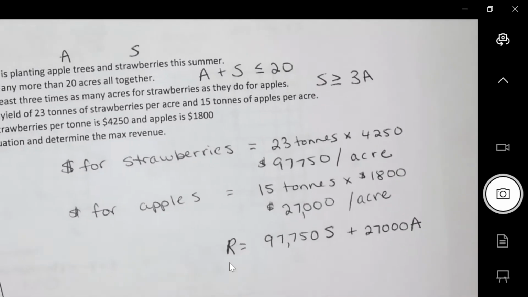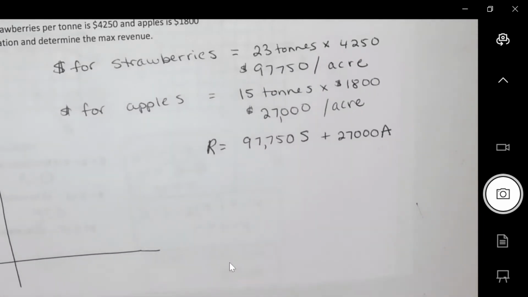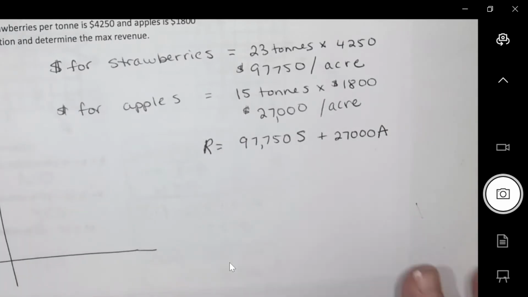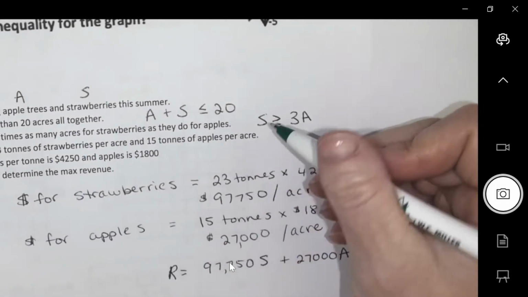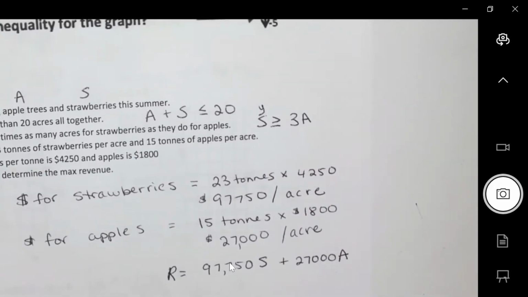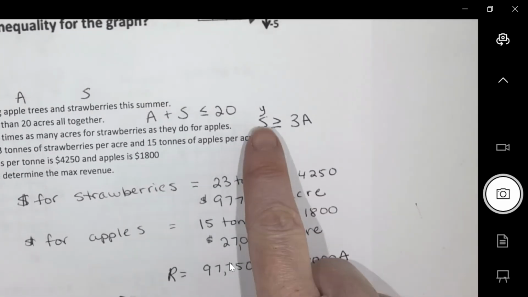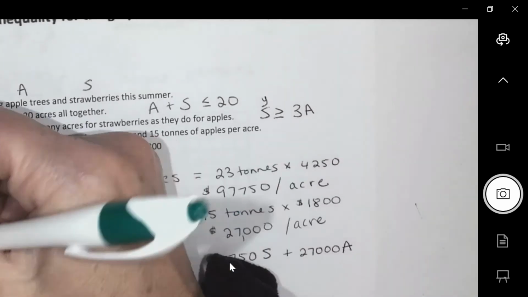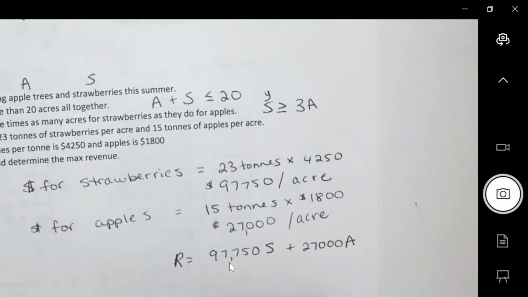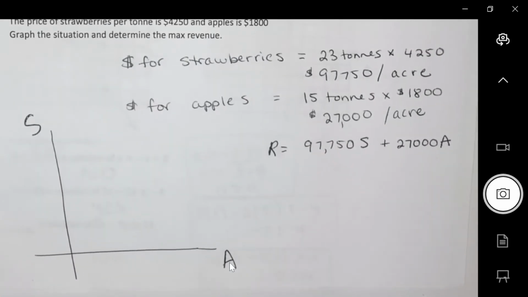Okay, now we're going to graph this. On my axes, I am going to pick a certain one here. I'm going to make this my y, specifically because I like my y equals something. So that's why I'm picking the strawberries as my y. So therefore my apples will be my x.